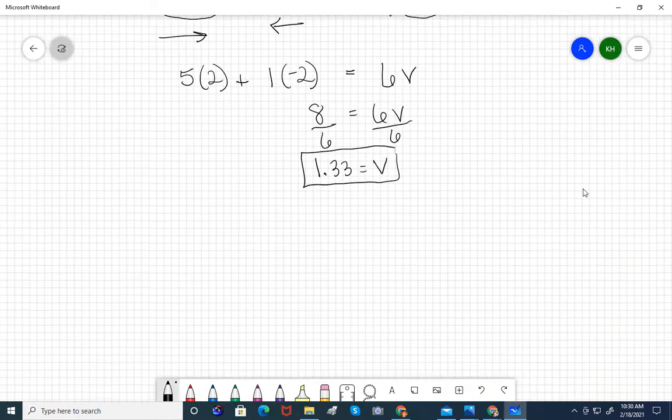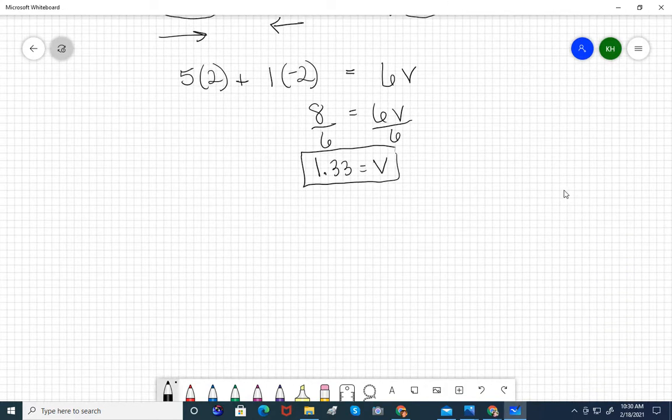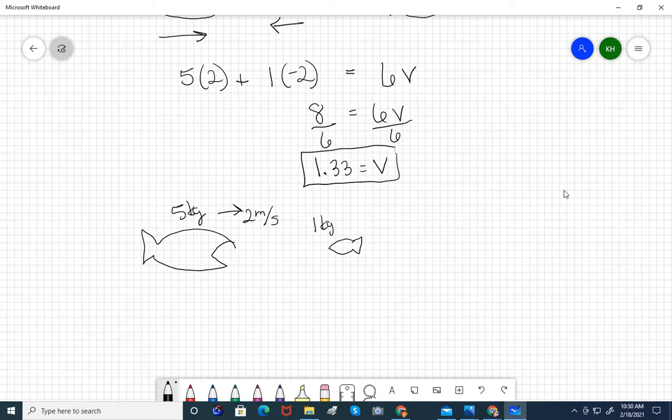And then finally, my third case, they told me my big fish, which I decided was 5 kilograms, this big, hungry, open mouth, is traveling 2 meters per second. My little fish, which is 1 kilogram, is not traveling at all. It has a speed of 0, so he's just sitting there like bait.